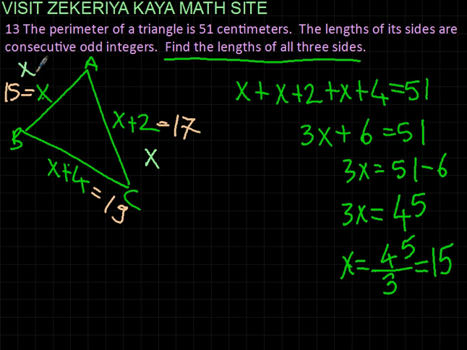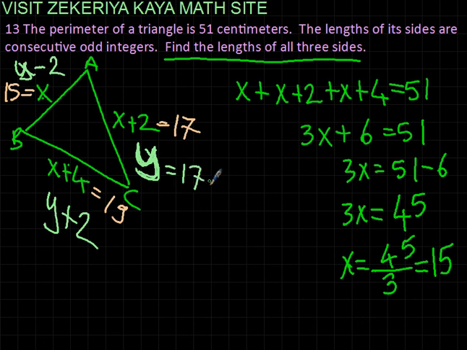Minus 2. Or let's use another letter to not confuse you. If I say this is y, this is going to be y minus 2, and if this is 17, to make it 19, I need y plus 2.